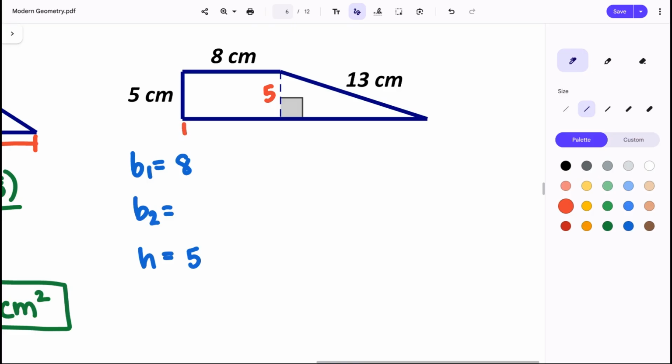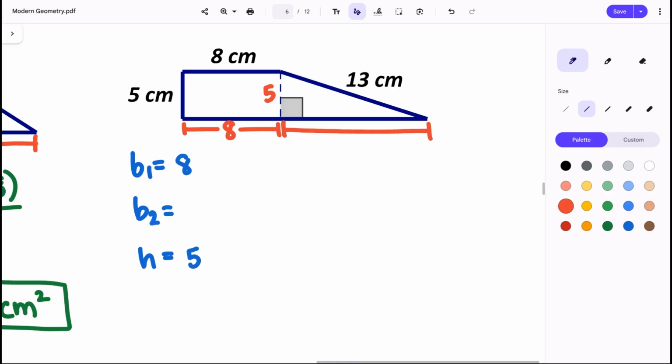So you know from here to here is how much? It's 8, right? Because that's from the top. So that would be the same amount that you can just transfer down. But how would I figure out how much it is from here to the other side of the trapezoid? What did you say?